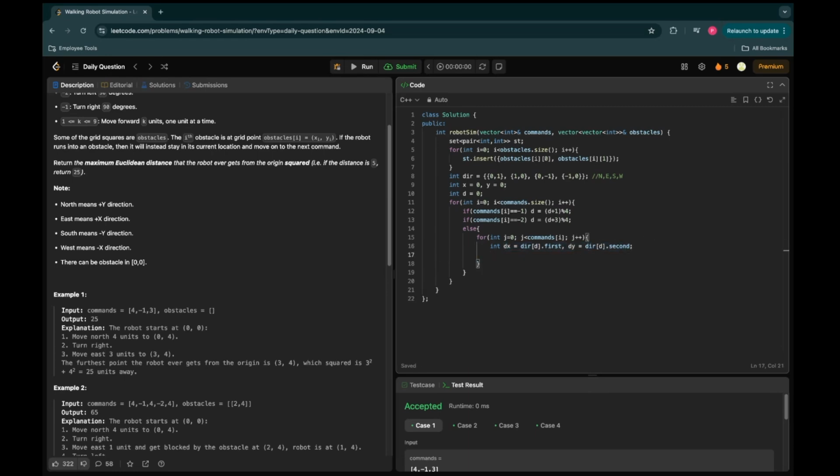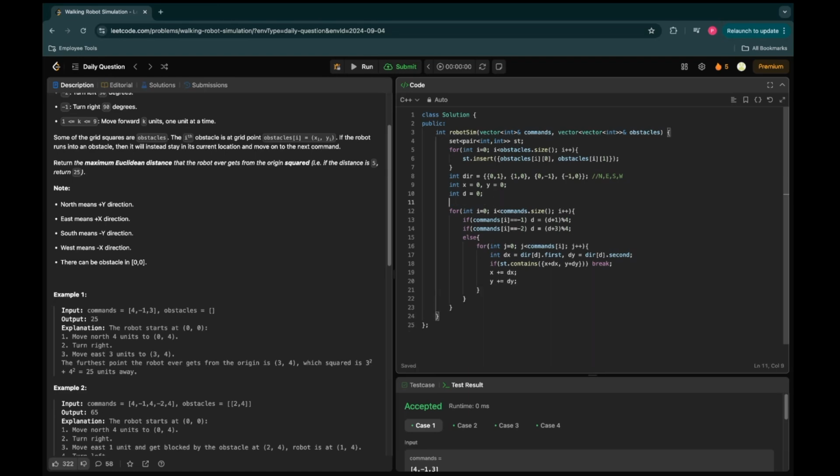Now if our set contains (x + dx, y + dy), it means this is an obstacle and we can't move forward, so we just need to break.